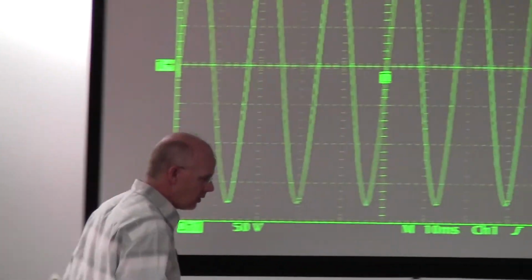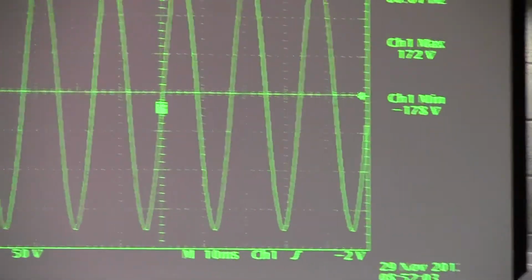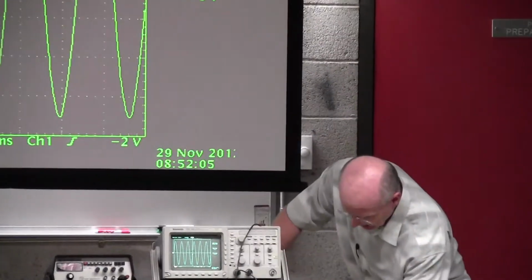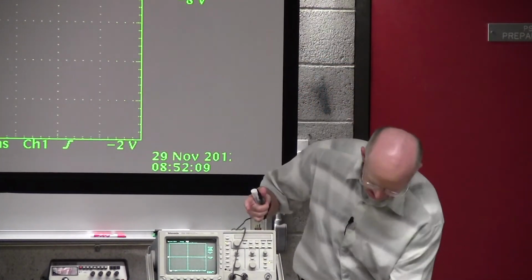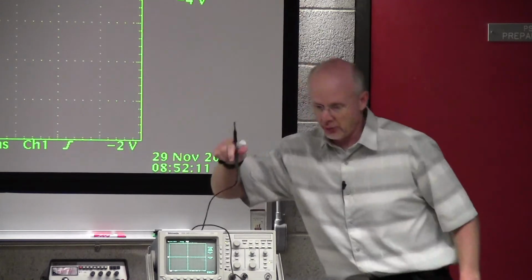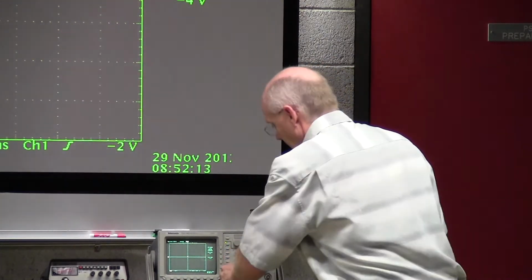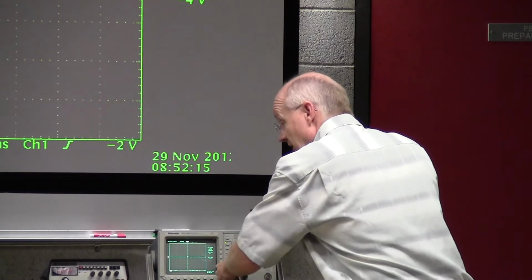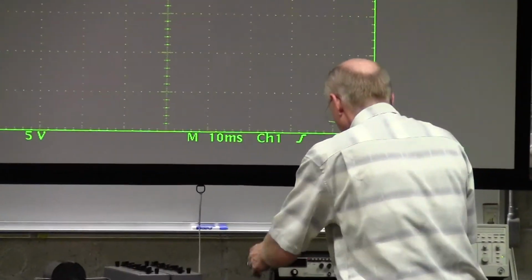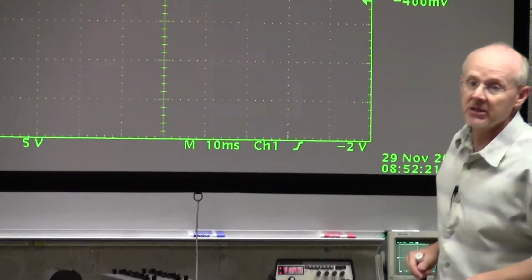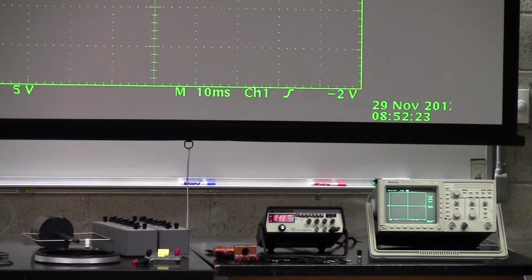Now, truth be told, since I don't want to be playing with such a high voltage, let me disconnect my probe here and change things a little bit. I'll put the probe over here, and I'm going to take this, which is again a signal generator. We've used it a lot in the lab.